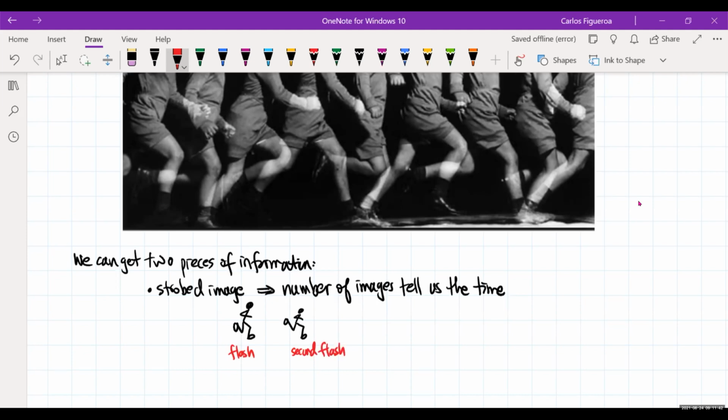And so what that tells us is that I can measure the time between flashes here. So this will be the time between flashes.